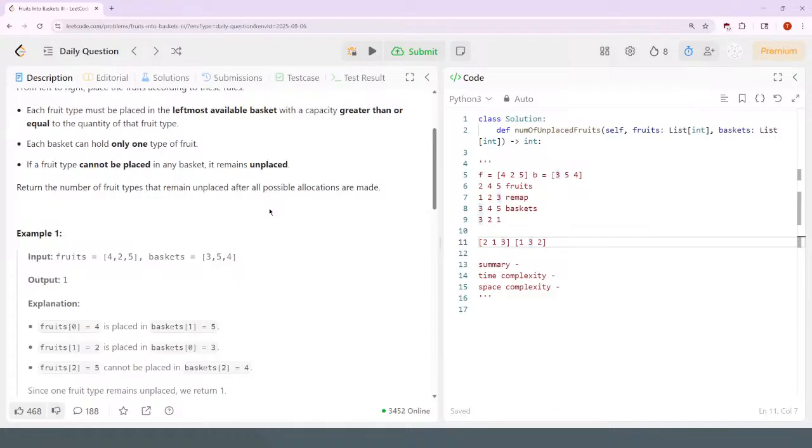First number bigger than 4. Or 2, 1, 3. First number bigger than 2. Bigger than or equal to 2.